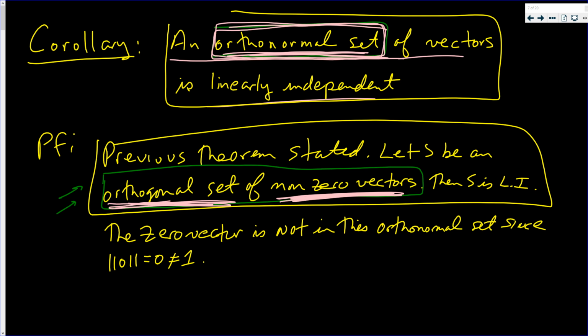Okay, and also the orthonormal set is orthogonal.